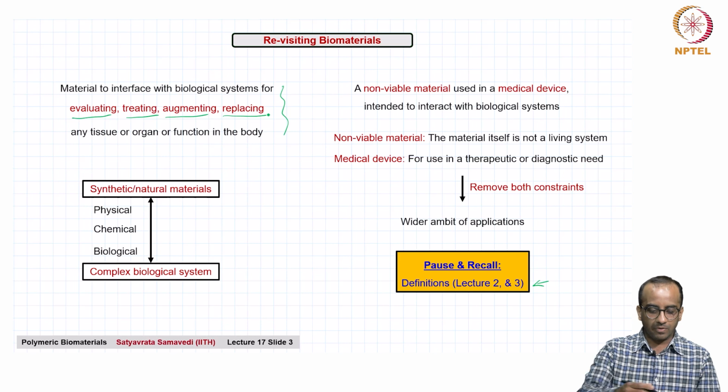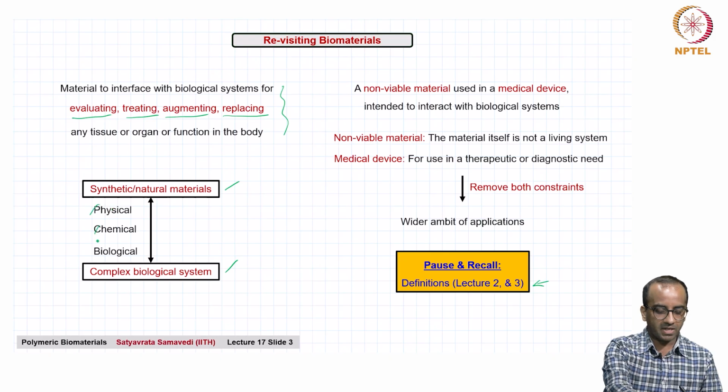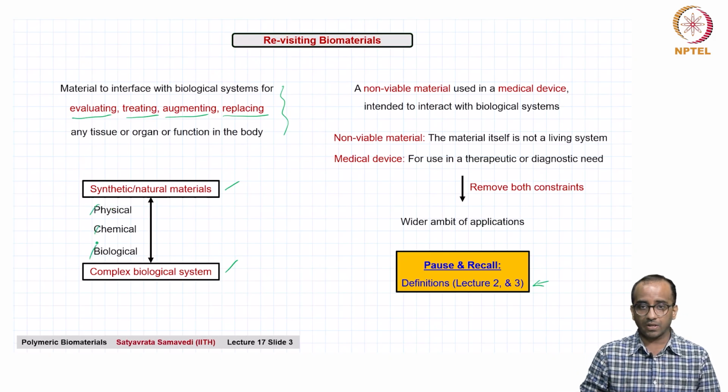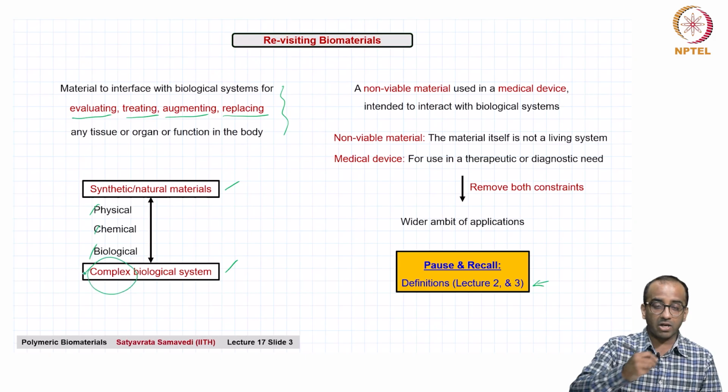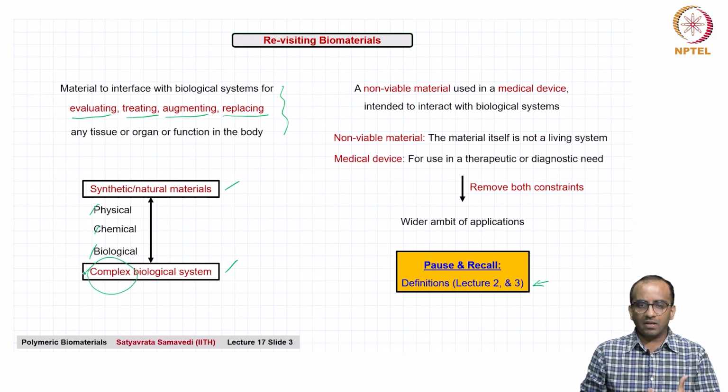And there is a material bio interface. So, there is a biomaterial with its own physical, chemical and biological interactions with a complex biological system, a host if you will.